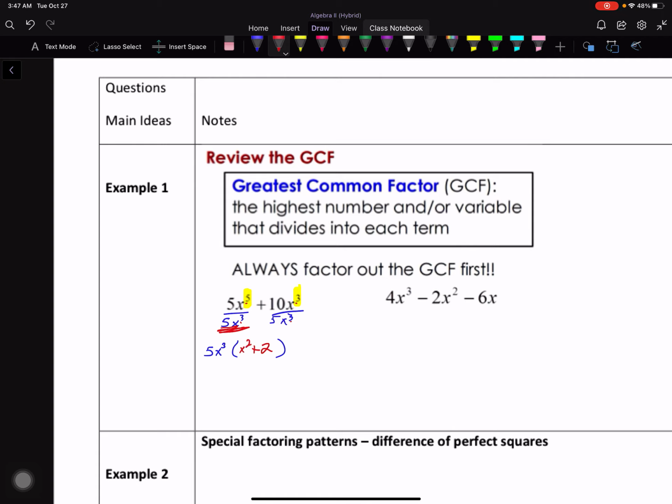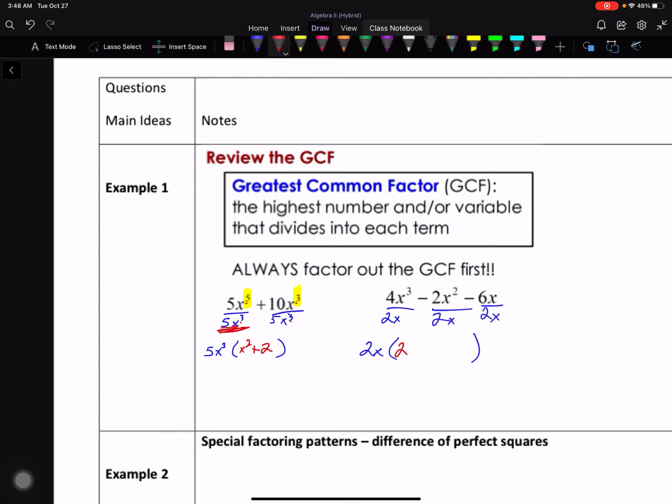It also works the same way for 3 terms. So you look at these 3 terms, what are they all divisible by? Starting with the numbers, it looks like they're all divisible by 2, and I can take 1x out because I only have 1x right here. So here's my GCF, put it here on the outside. Let's put what's left over on the inside of those parentheses now. 4 divided by 2 is 2.